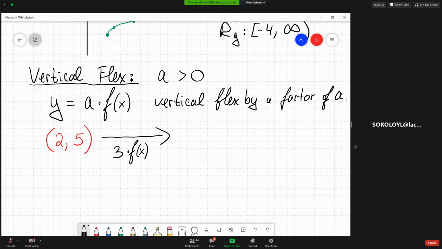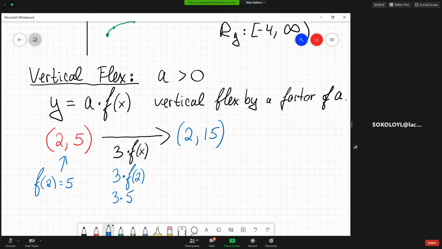If I plug in 2, it's still getting plugged in as 2, so the x value will remain 2. But the new y value will change. If before it was 5, which was f of 2, right? This tells me that f of 2 is 5. Now I'm doing a new value, 3 times f of 2. So that's what a vertical flex by a factor of a means. So in this case, it's 3 times 5, which would make our new y value 15.